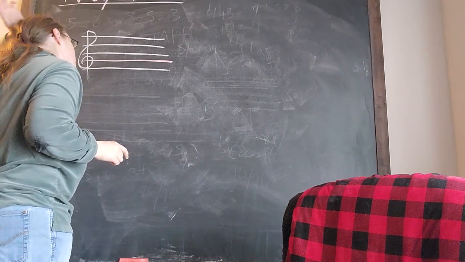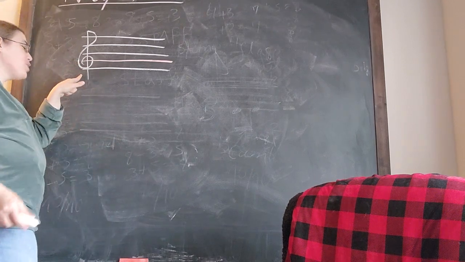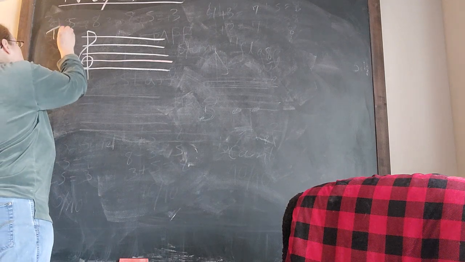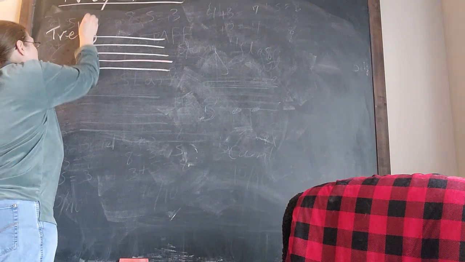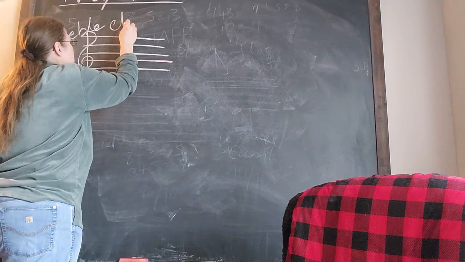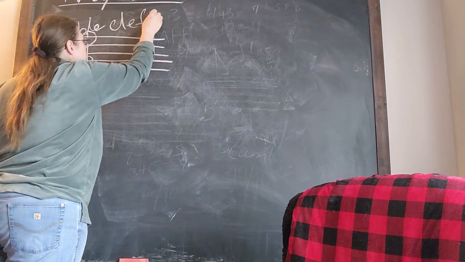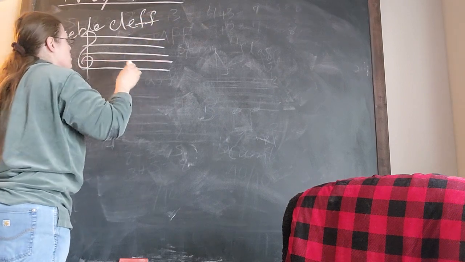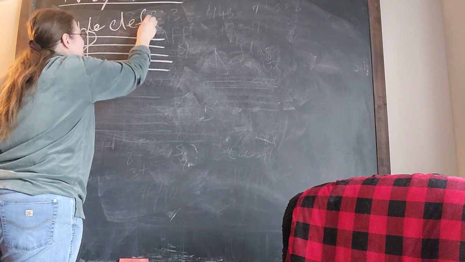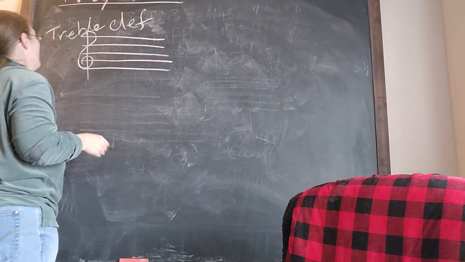So, that is a very beautiful treble clef. This is called the treble clef, if anyone is wondering. Now, I don't know if it's 1 or 2 Fs. I think it's 1 F, but I don't know. I haven't written the word in forever.